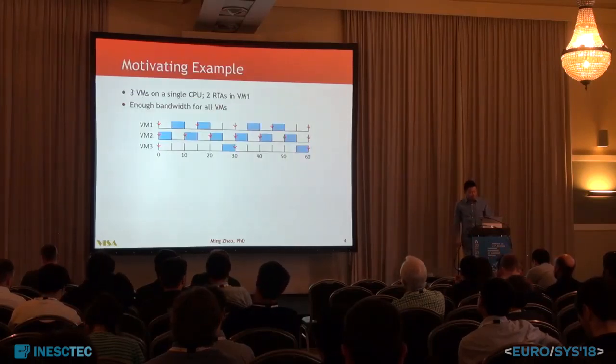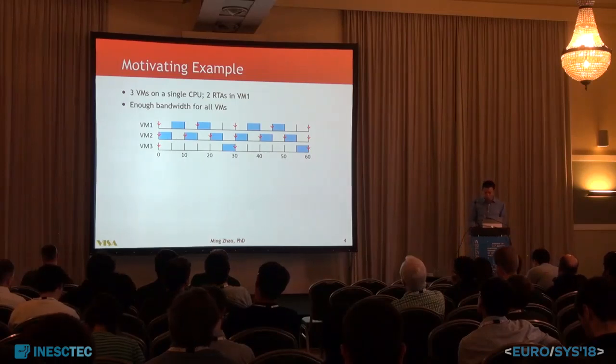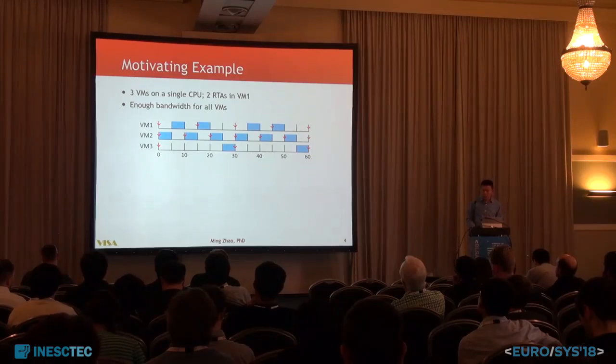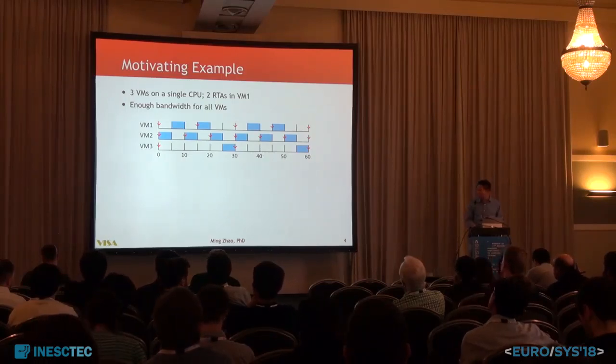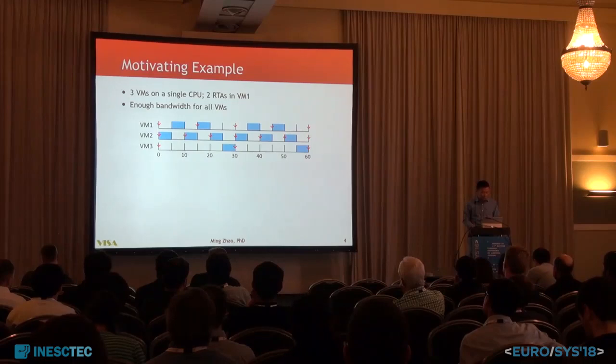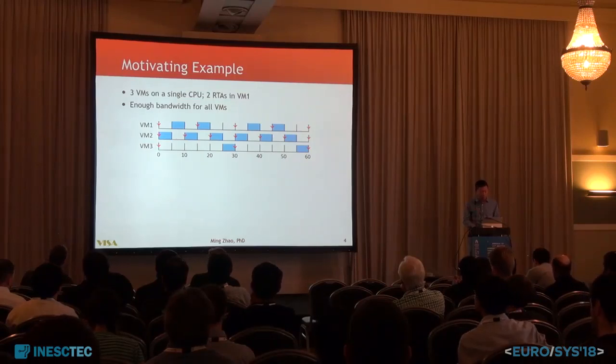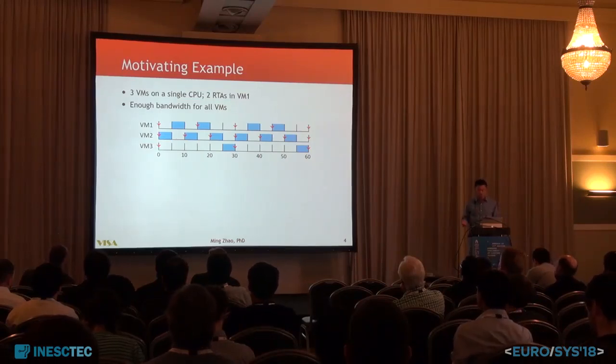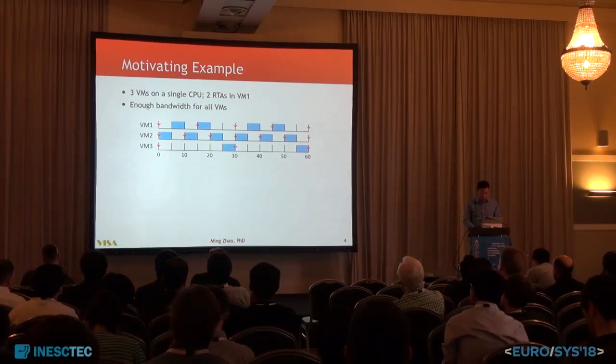Here I use a very simple, almost toy example to illustrate why this lack of awareness creates a problem to support time-sensitive applications. I'll just quickly go through it. We have 3 virtual machines sharing a single CPU, and this Gantt chart shows that we have enough CPU bandwidth to satisfy the bandwidth requirements of all the 3 virtual machines.